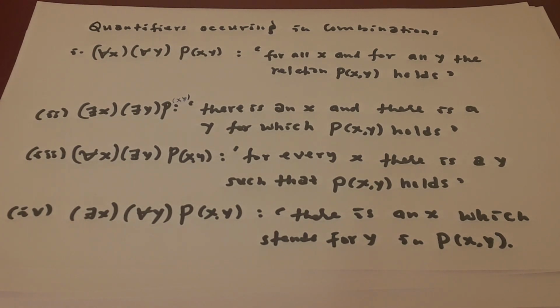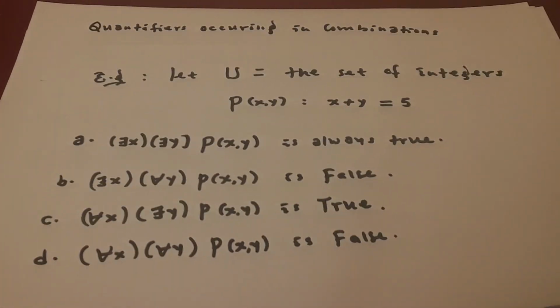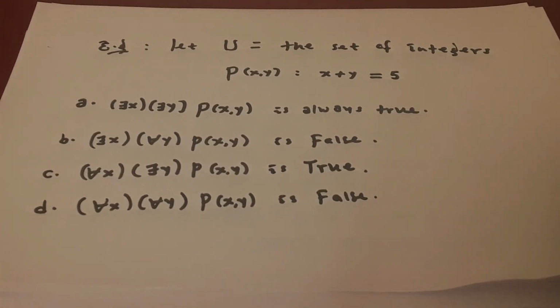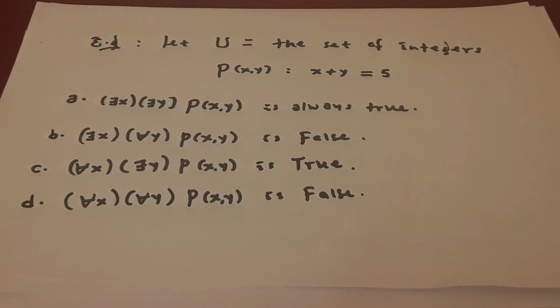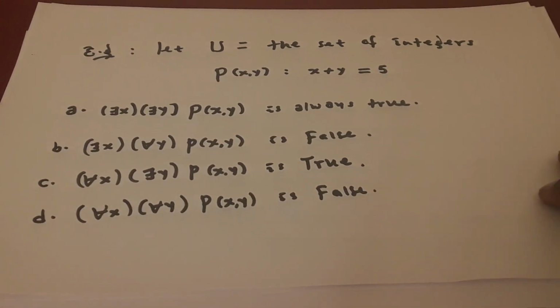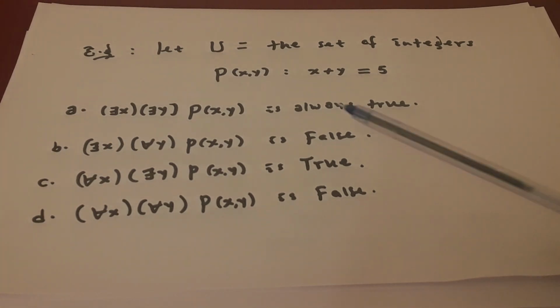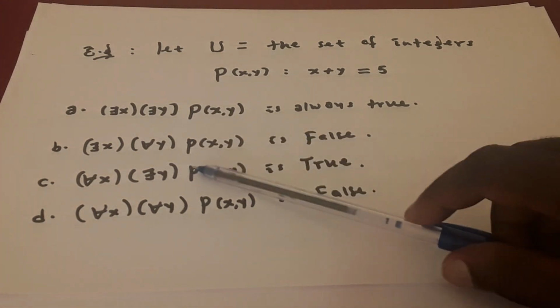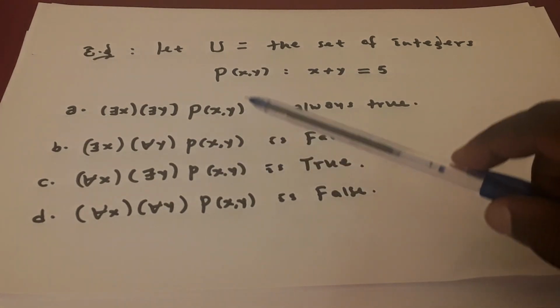Now let's develop this with an instance. Let U be the set of integers, and p the open proposition: x plus y equals 5. Now for some x, there is an x and there is a y, p of x, y holds.